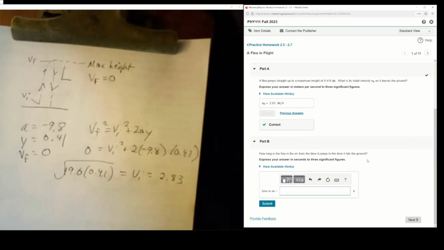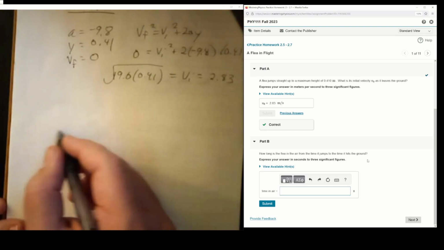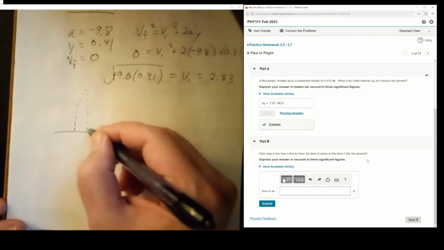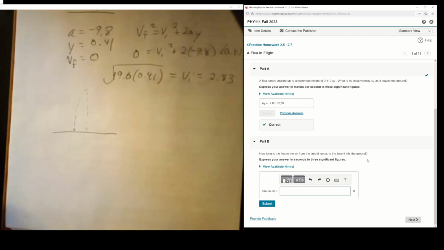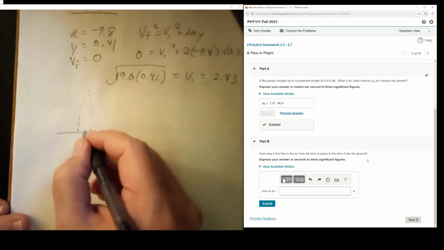Let's check out part B. How long is the flea in the air from the time it jumps to the time it hits the ground? So now, same picture, flea's jumping up, lands down. Now in physics, with vectors, we use displacement.